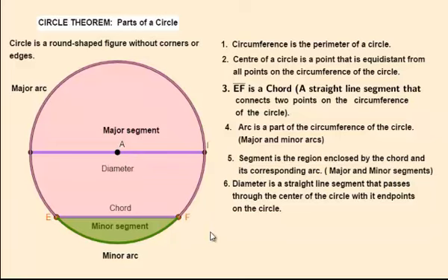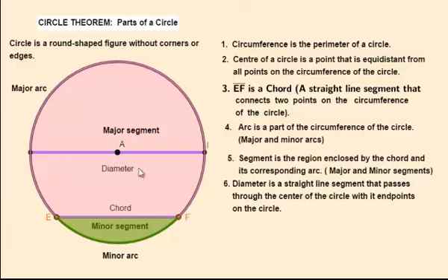Now, we have what we call the radius. From the center of the circle to any point on the circumference of the circle is the radius. So we can see that for the diameter, when we divide it into 2, it becomes the radius.